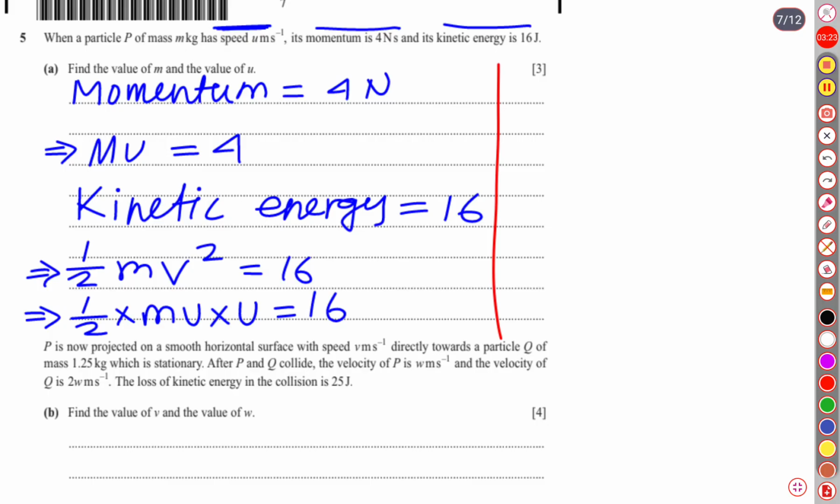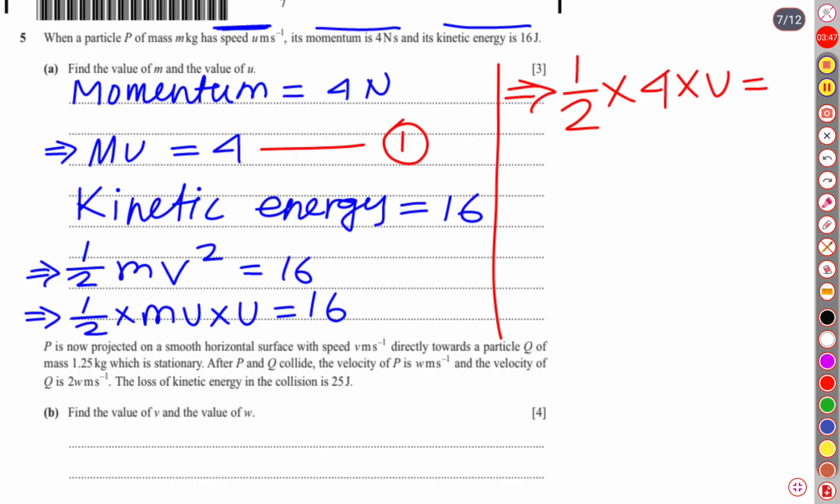Let the previous one be equation number 1. So half of mu, which is equal to 4 from equation 1, gives half of 4, then u, and our right side is as usual 16.